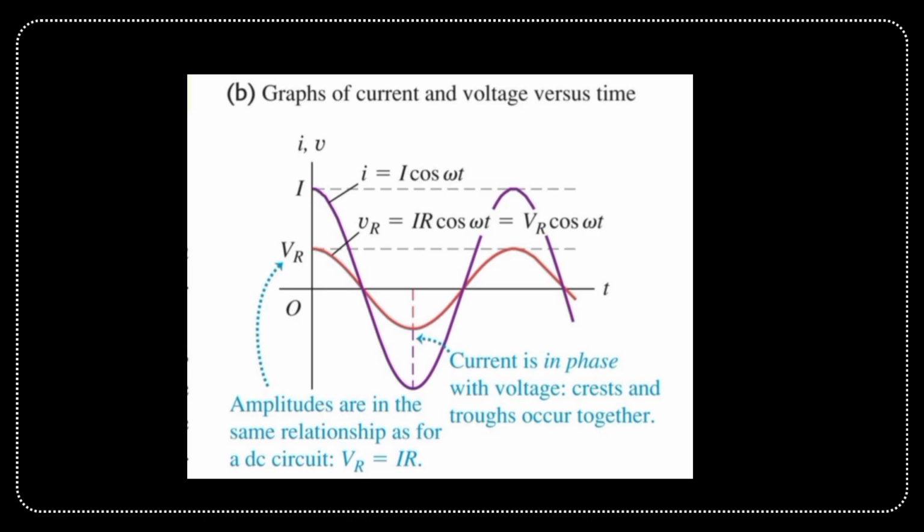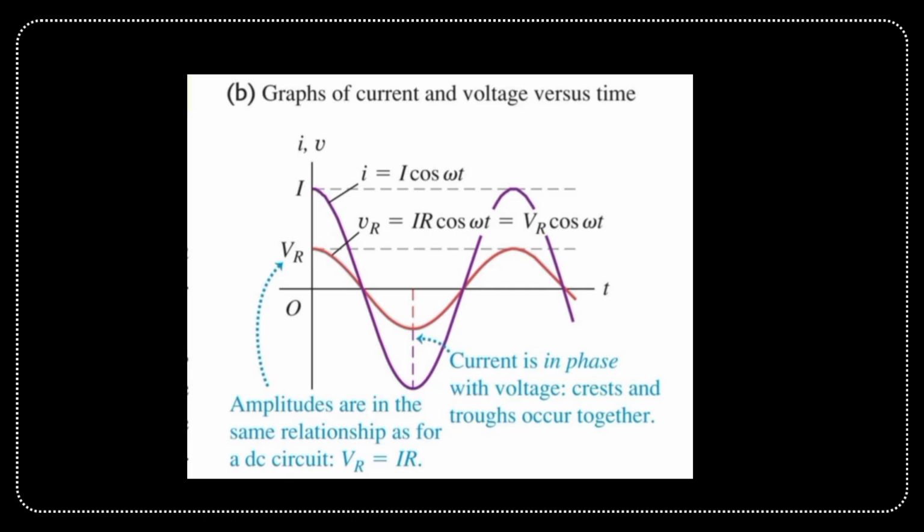So the current and voltage waveforms are in phase, meaning their peaks and troughs occur at the same time. This is characteristic of resistive circuits where the voltage across the resistor is directly proportional to the current. So the amplitudes of the current and the voltage are related by Ohm's law.